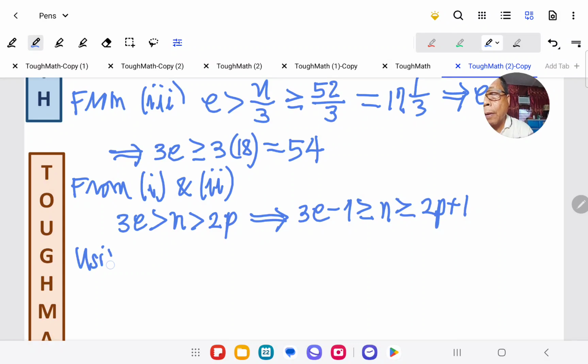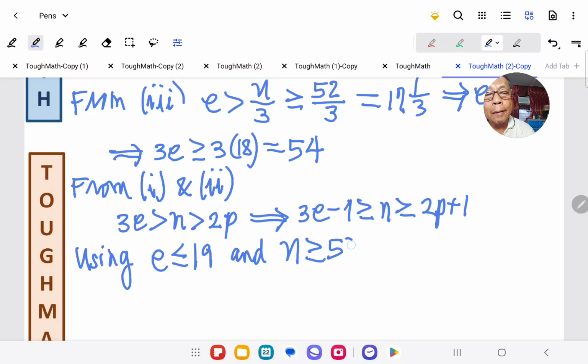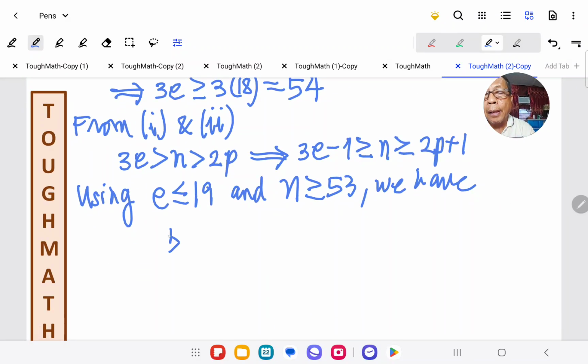Using E is at most 19 and N is at least 53, we have N is between 53 and 56.